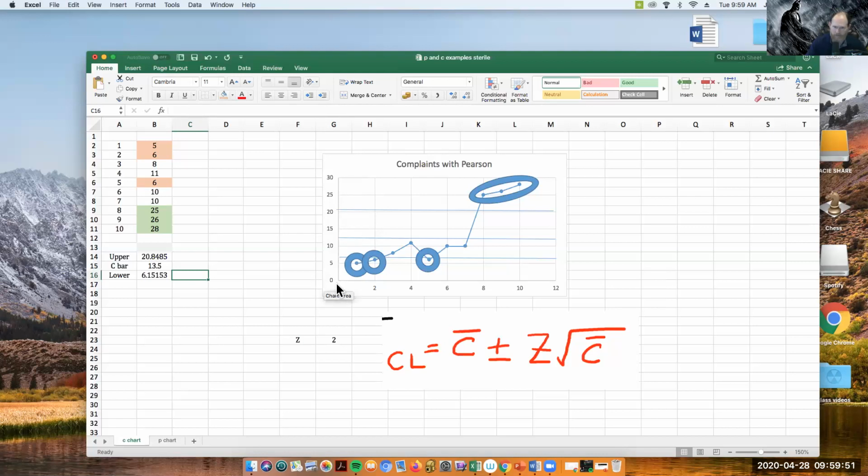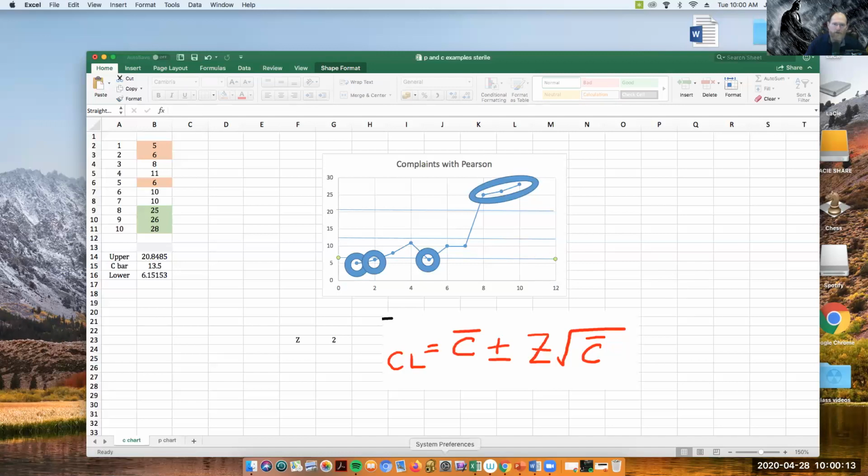In this case, if my control limit was 0, I would just take that lower control limit and set it right on top of that axis. But I don't have that going on here. I have it up at about 6. So that's the bottom line: no such thing as a negative lower control limit.